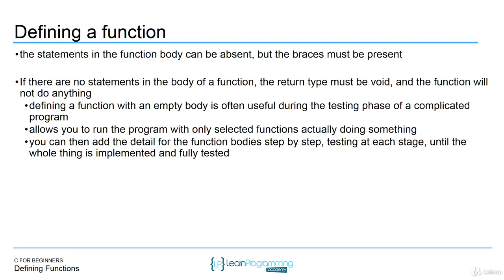It's a step-by-step process of working. You are constantly working in small chunks, adding code, testing that code, and then moving on to the next step. And then eventually the whole implementation will be completed and all functions will be implemented. So there is a use case for having a function body that has no code or commented out code.